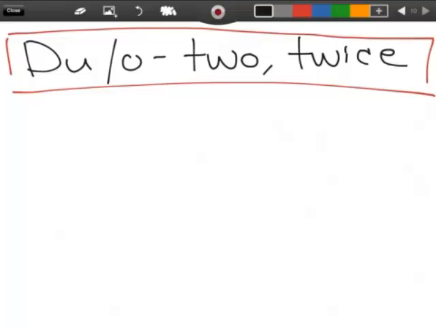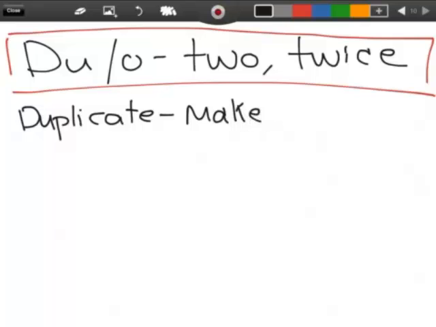I'm going to give you two examples. One of them is going to be duplicate, meaning make an identical copy.